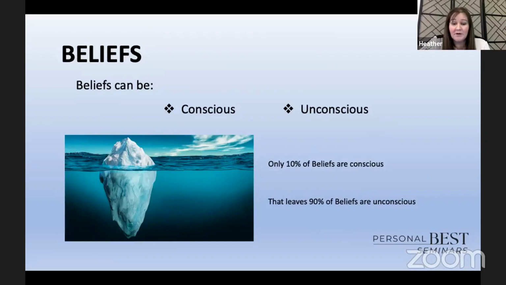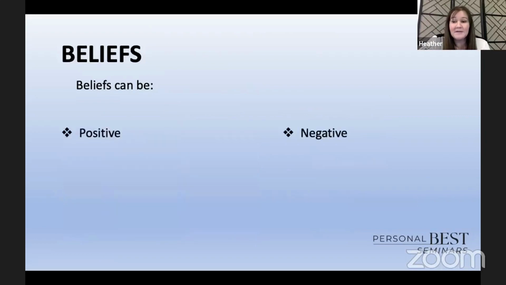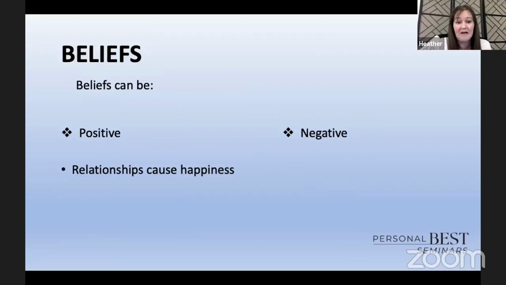All right, we're going to go a little further and talk about positive and negative beliefs. We're going to work with the same example through this, the idea of beliefs about relationships, because our beliefs about relationships can vary.